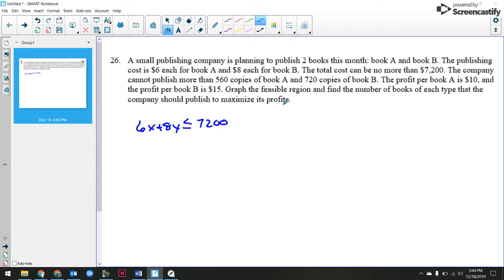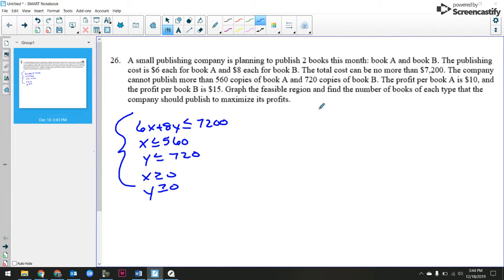That's our first constraint. The company cannot publish more than 560 copies of Book A, so x is less than or equal to 560. It cannot publish more than 720 of Book B, so y is less than or equal to 720. We also know we're staying in the first quadrant, so x is greater than or equal to 0 and y is greater than or equal to 0. Those are all of our constraints.